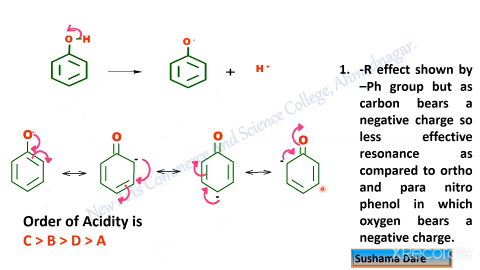Because of that, this resonance effect is less powerful as compared to ortho, meta, and para nitrophenol. So the order of acidity is: para is the strongest acid as compared to ortho, then meta, and then no substitution, that is phenol.